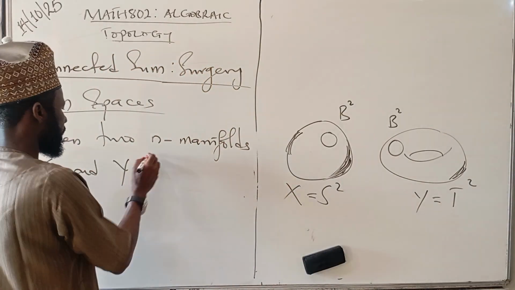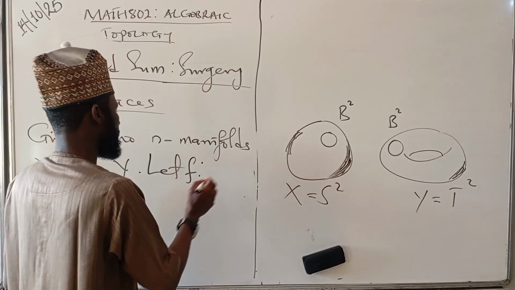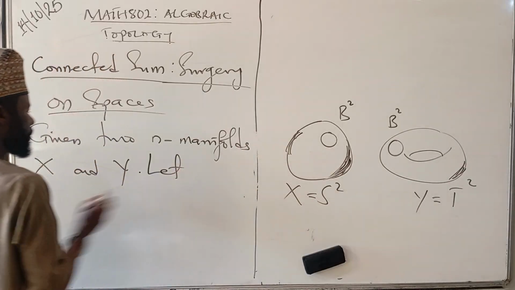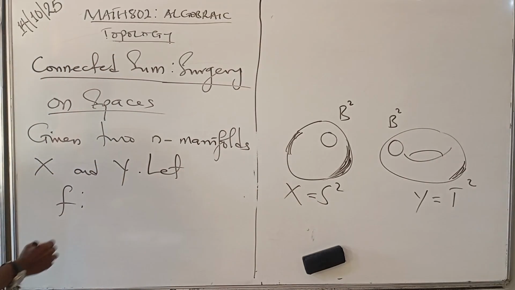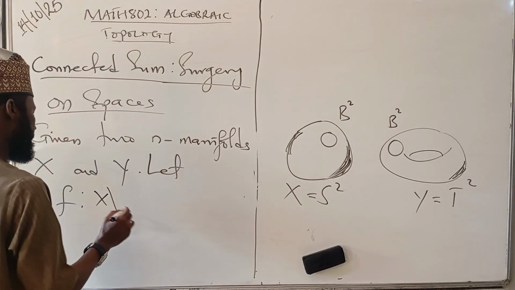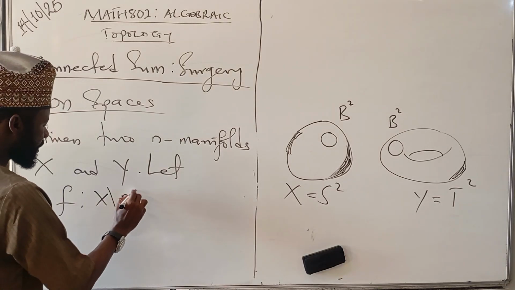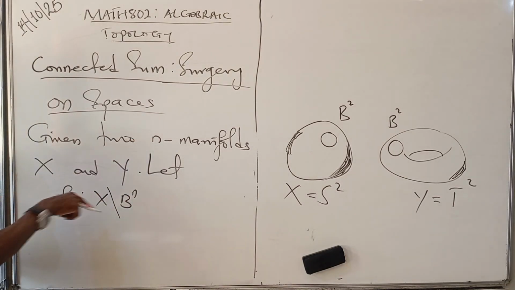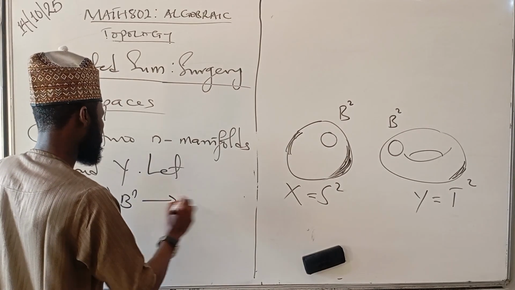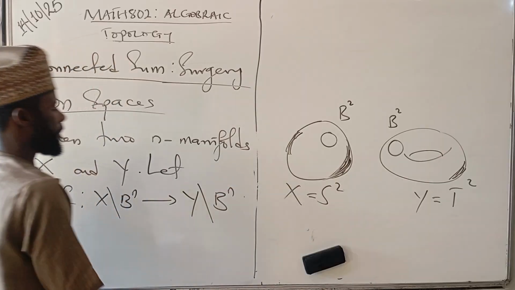That is, we can take a homeomorphism from X minus a ball of dimension n, because this is a manifold of dimension n, into Y minus a ball of dimension n.